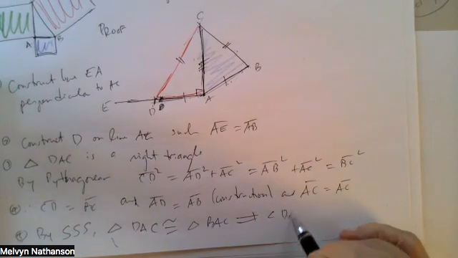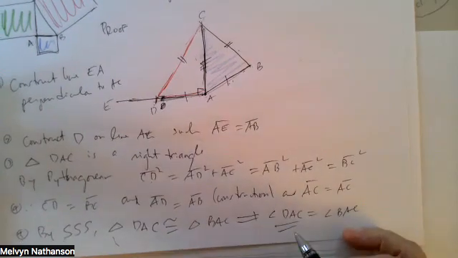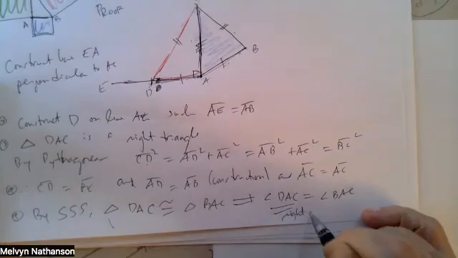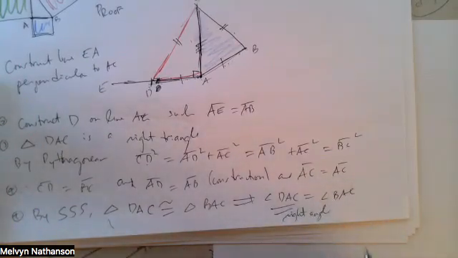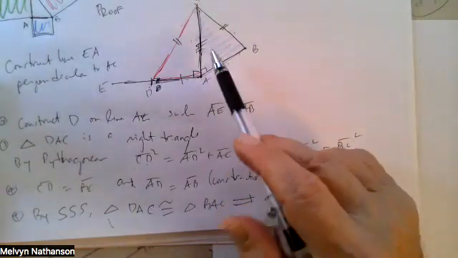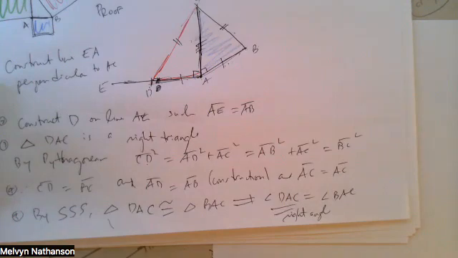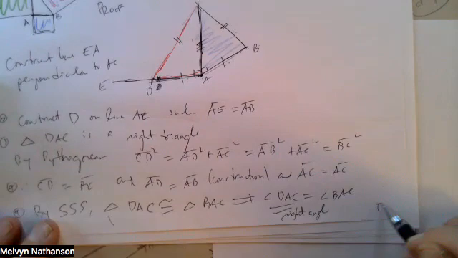Angle DAC equals angle BAC, but this by construction is a right angle. So this angle is a right angle, and so triangle BAC is a right triangle. That's it. End of the proof.